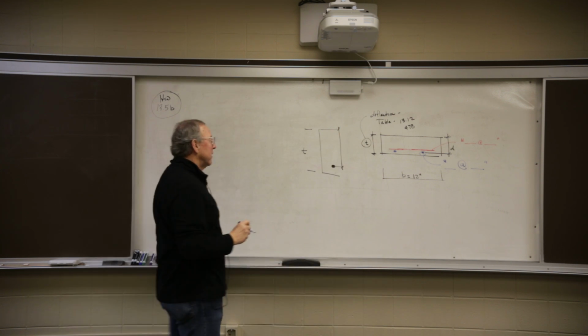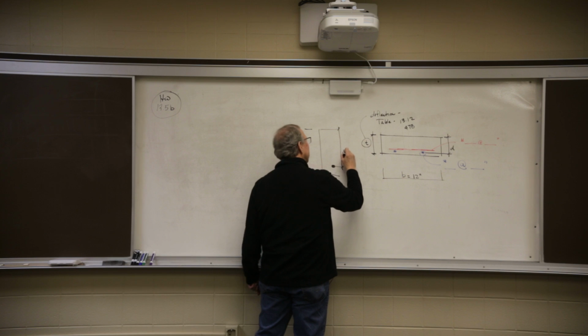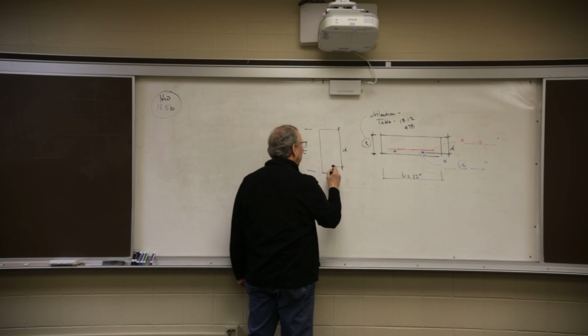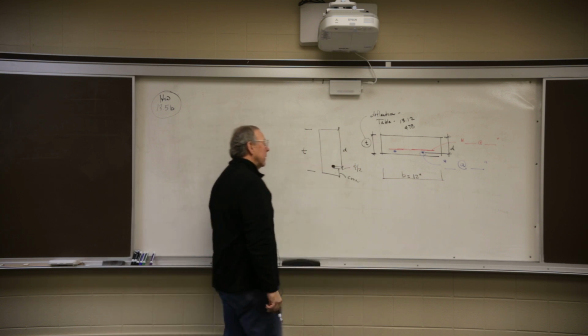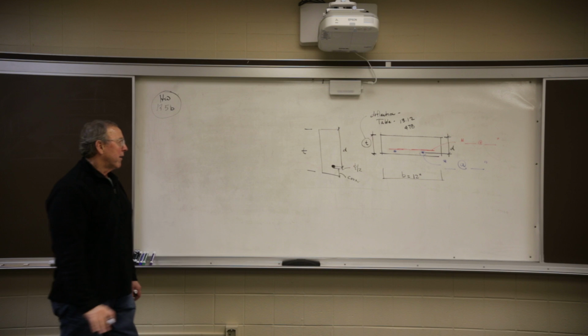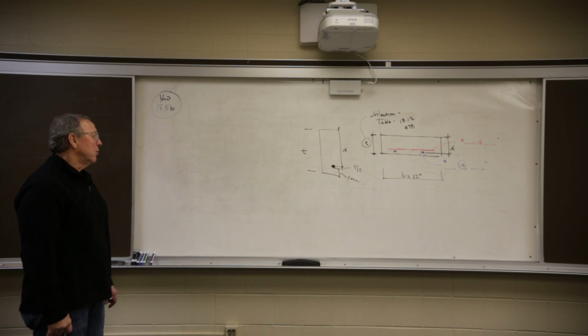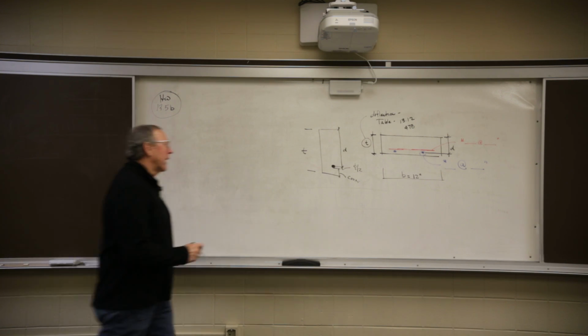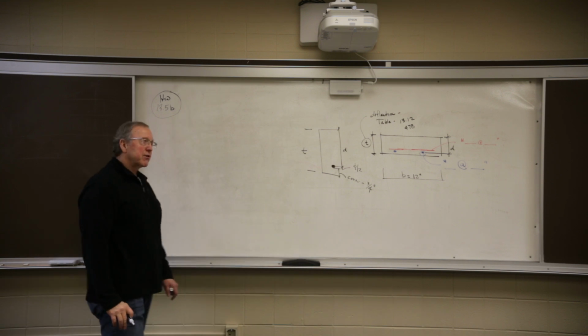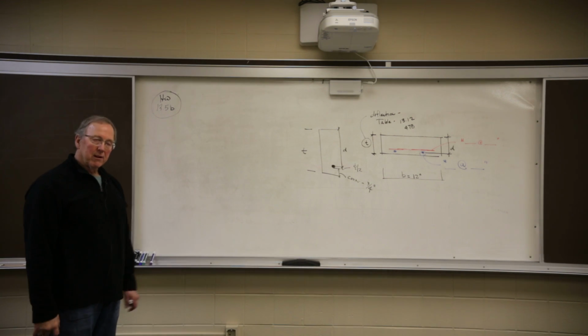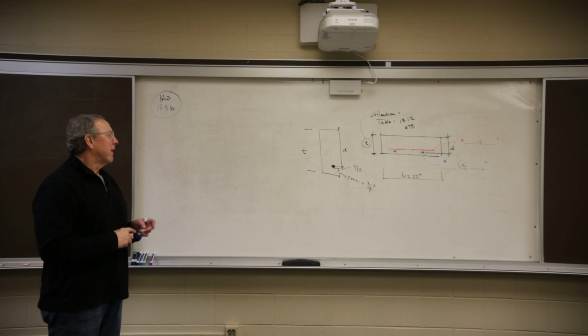So what do I have to do to get D if I know T? It looks like I've got to subtract the cover and subtract half a bar diameter. So all you've got to do is take the bar diameter, divide it by 2, add the cover to it, and the cover in our case, we just said, was 3/4 of an inch for slabs. Add the cover to half the bar diameter, subtract it from T, and I have D. So that'll take care of that problem.